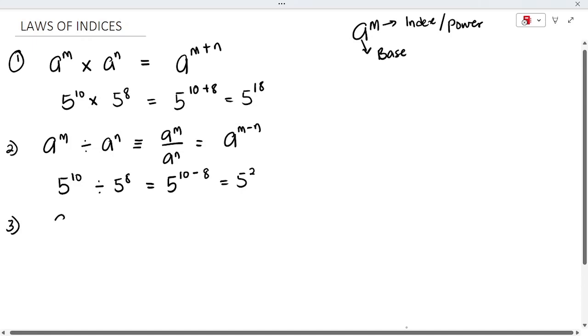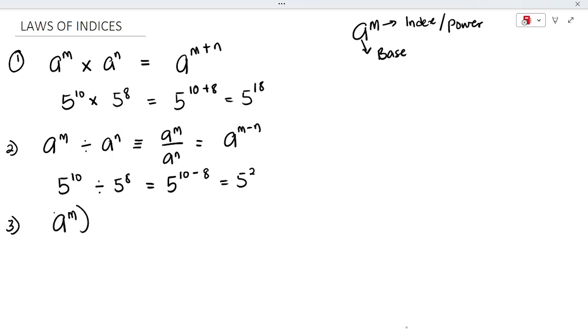Next, we have when you are raising a power to a power. In that case, you have an index inside a bracket, and then there's a power outside the bracket. So what goes on here is, as usual in regular mathematics, whenever you have a bracket, you expand the bracket. And how do you expand the bracket?